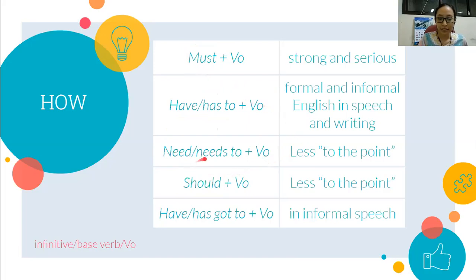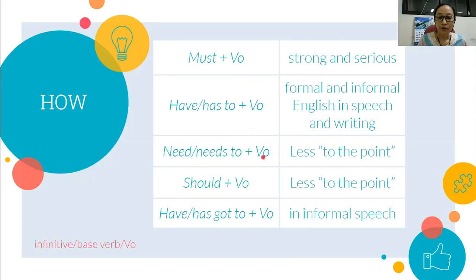Oke, kembali ke need atau needs to. Need atau needs to, it is also used for expressing necessity, but this time, it is less to the point. Jadi kalau must dan have to kan harus, wajib, to the point banget menyuruhnya.